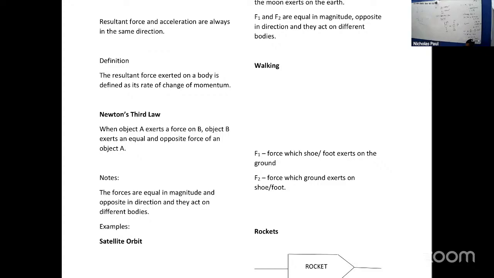How can I write this as a formula? How can I write Newton's 3rd law as a formula? Object A exerts a force on object B, and object B exerts an equal and opposite force on object A. Not yet.